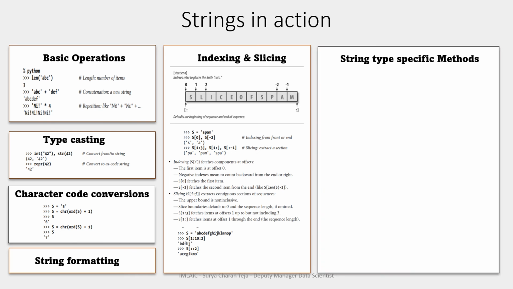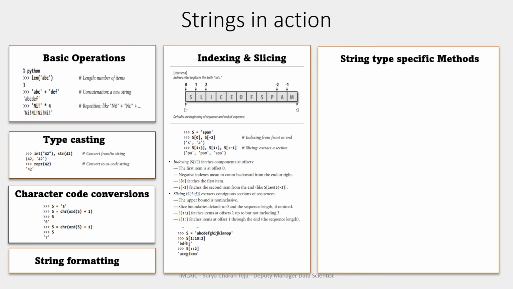Then what we have is the most important one, that's indexing. Now we are entering into the most useful operations on strings, indexing and slicing. The indexing we follow here is offset indexing, which means the index of the first character in your string is 0, not 1.